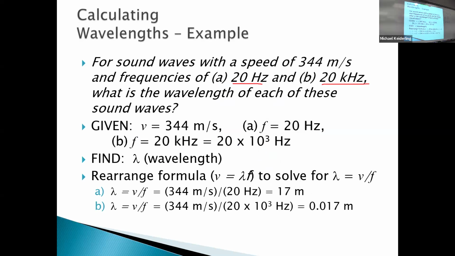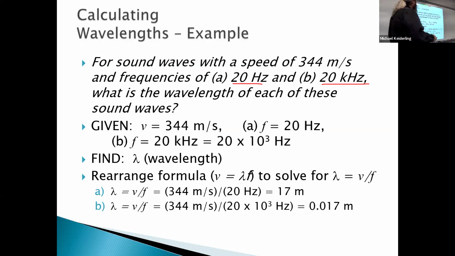So if you have sound waves with the speed of 344 meters per second and frequencies of 20 hertz and 20 kilohertz, the two extremes of human hearing, what is the wavelength of each of these sound waves? Given your velocity is 344 meters per second, your frequency is 20 hertz or 20 kilohertz, which is 20,000 hertz, we want to find wavelength.